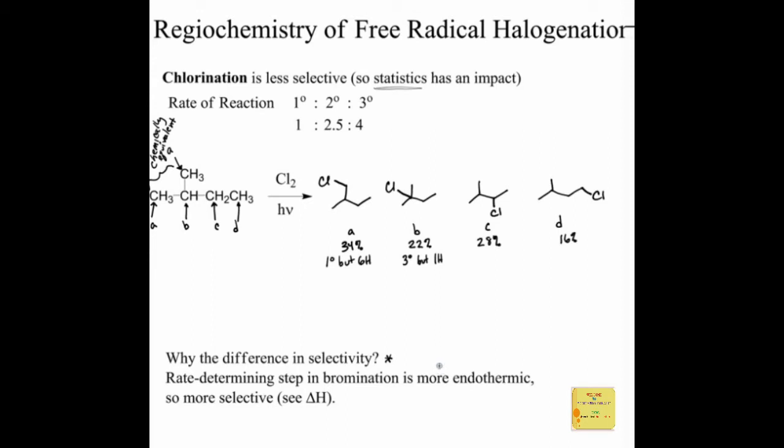As we're abstracting this hydrogen, we're forming either a hydrogen-chlorine bond or a hydrogen-bromine bond. And the strength of those bonds is going to contribute to the overall delta H for that rate determining step. And so it turns out that for bromination, that rate determining step is more endothermic. It's a larger climb, and in those cases we see better selectivity.